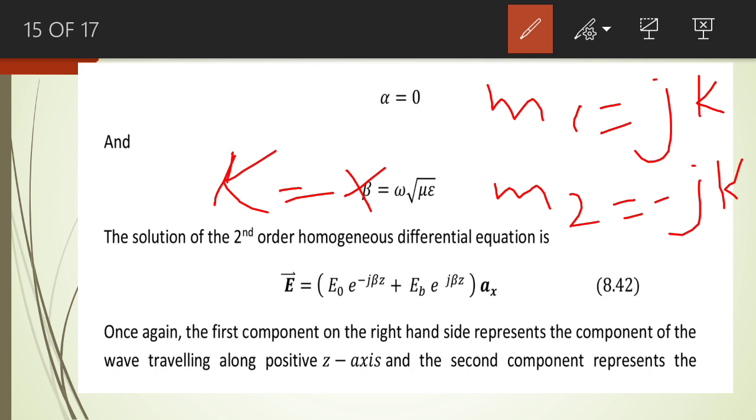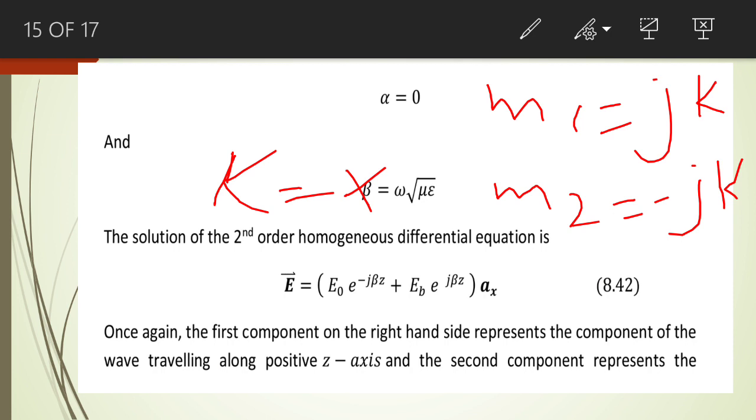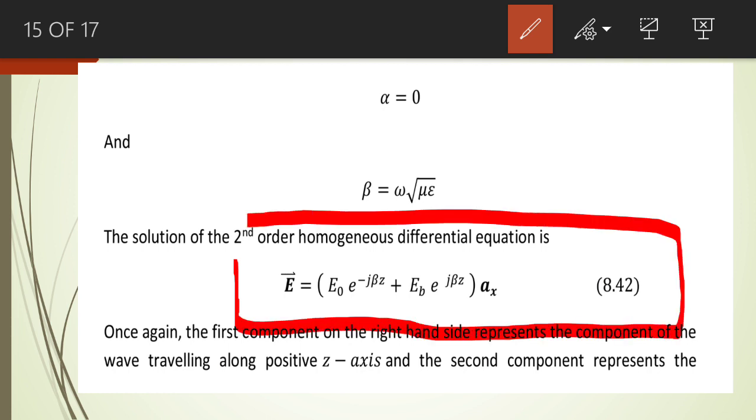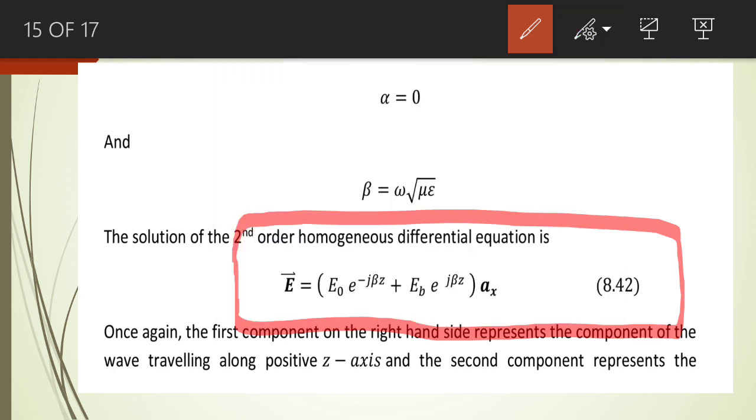So what we do, we find out the solution of the second order homogeneous differential equation. The solution will be in this format. The phasor value of the electric field intensity will be equal to E naught into e raised to power minus j beta z.